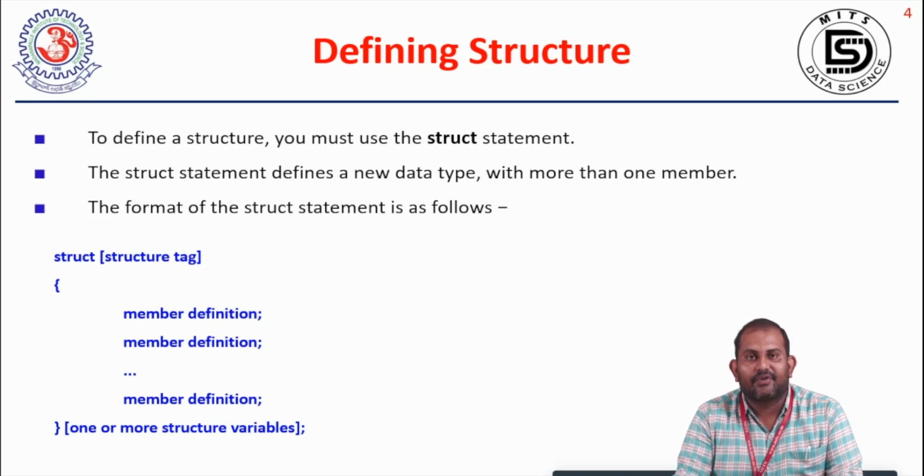If needed we can provide it, if not needed we can leave it. Inside the structure we have to mention the member definitions, that means whatever different types of variables are needed, we can mention them here. After defining all the members of the structure, we can mention structure instances, or we can call them structure variables. We can declare them after closing the member definitions.